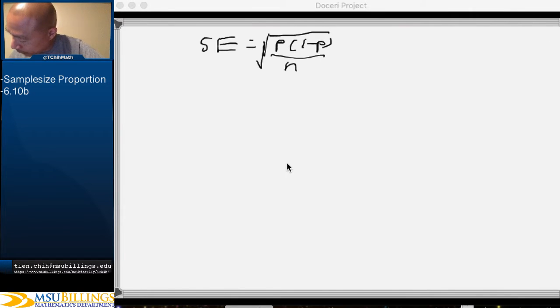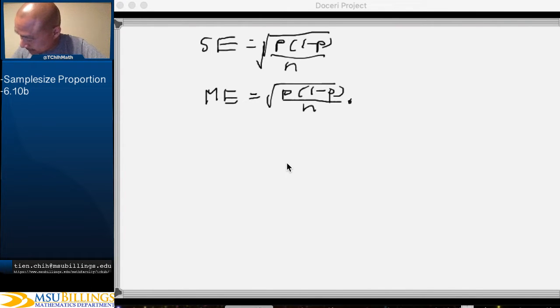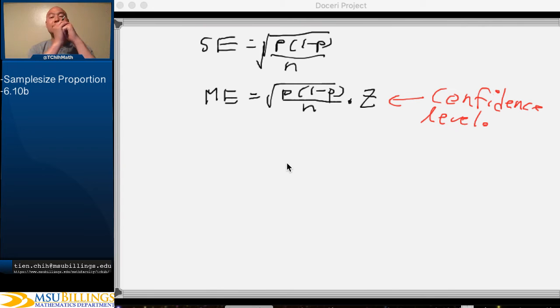And then we recall the margin of error is the standard error times the z-score, where this is given by the confidence level. All right.